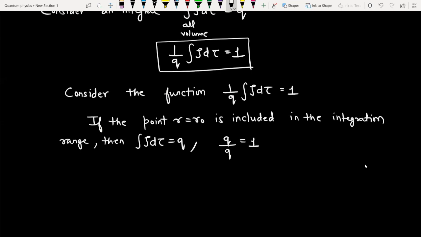Therefore, if the point r is equal to r naught is included in the integration, this integral results in the value 1.